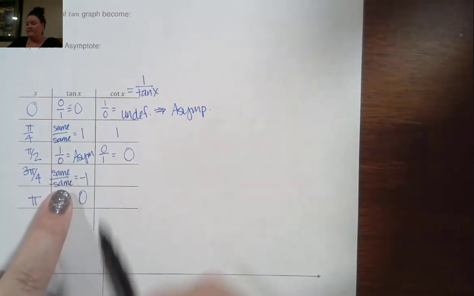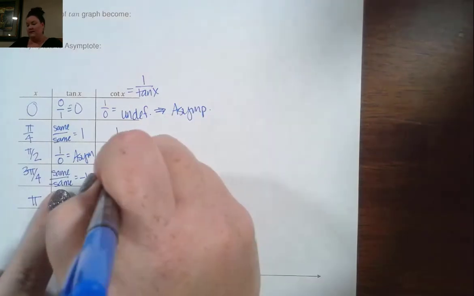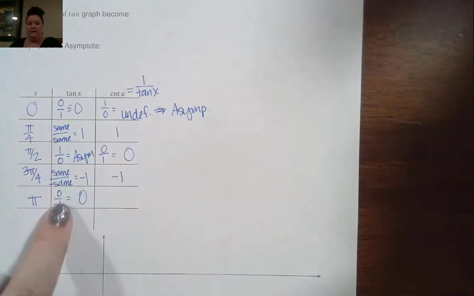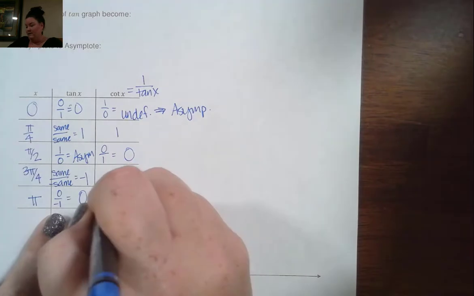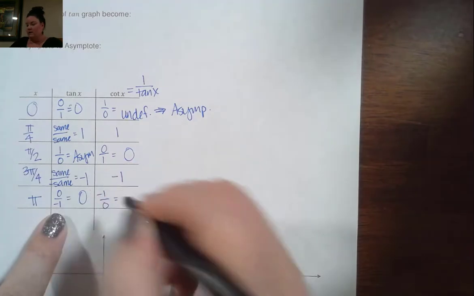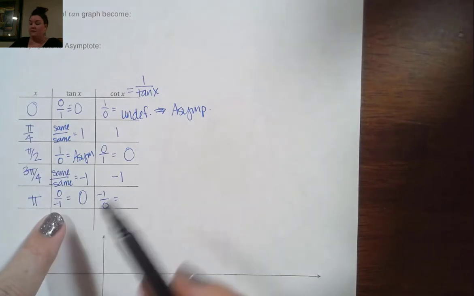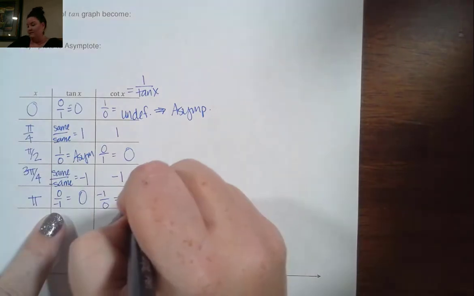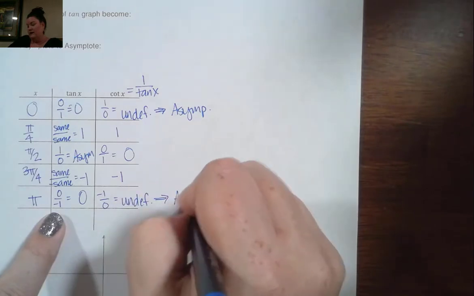Here, if I flip these numbers, or even do the reciprocal of negative 1, I'm still just going to get negative 1. And then when I do the reciprocal of 0 over negative 1, negative 1 over 0, or the inverse, the reciprocal of 0 is now going to be undefined, which then gives me my asymptote.